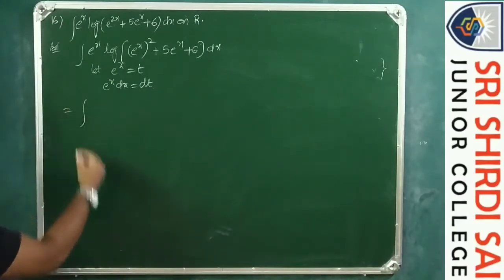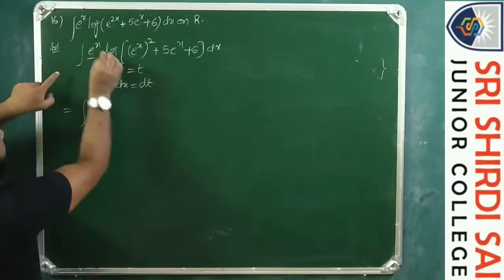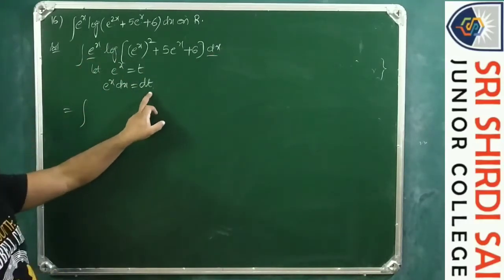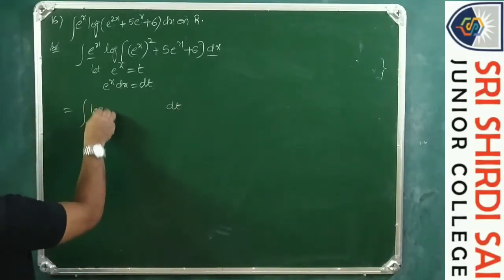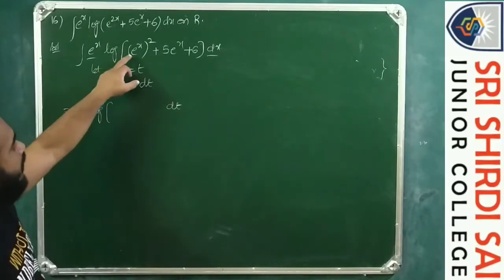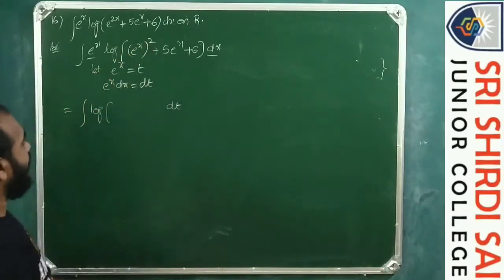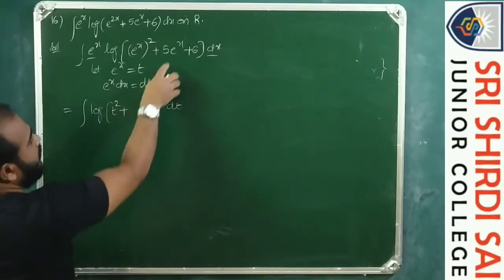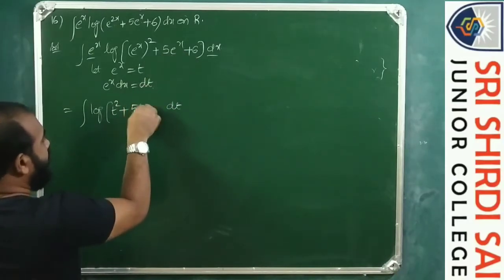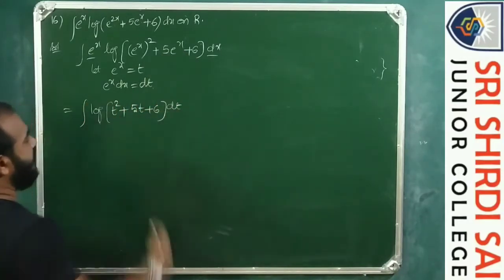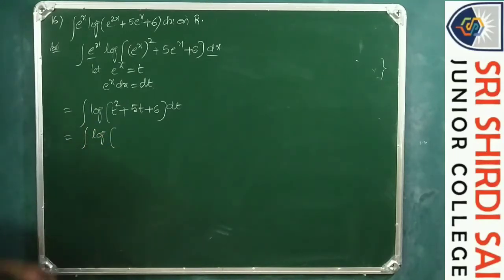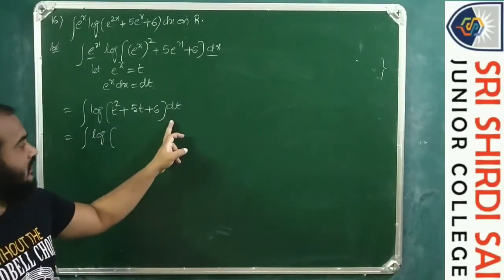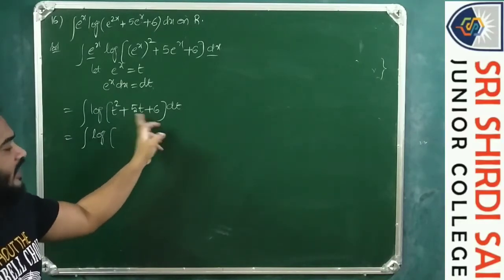So now let us substitute in this. So e power x dx is dt. So this is dt. So log (e power x whole square is t square) plus 5 into t plus 6, whole dt. This is log (t square plus 5t plus 6). So this is the quadratic expression.